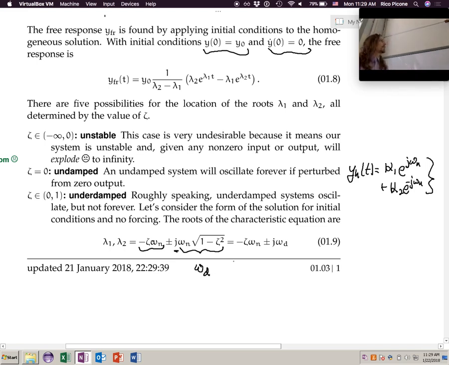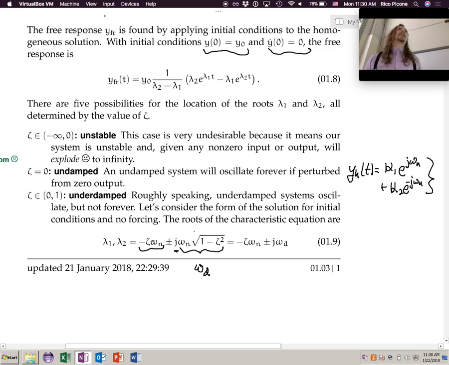That is the frequency at which the system will oscillate when it's underdamped and in free response. However, it is relatively close to omega n. Since you're taking the square root of it, oftentimes you're not going to change the value of omega n a whole lot to become omega d.